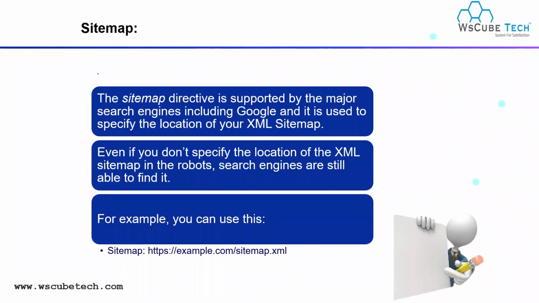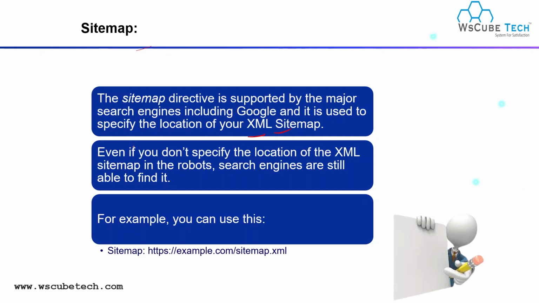Now, the last keyword we have is sitemap. The sitemap directive is supported by the major search engines, including Google, and it is used to specify the location of your XML sitemap. XML sitemap, as we all know, is a particular file where we mention all the links of our pages just to inform the search engine crawler about every single link in your website.